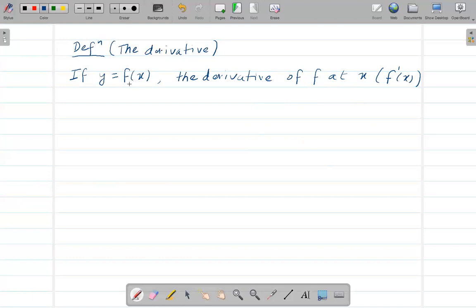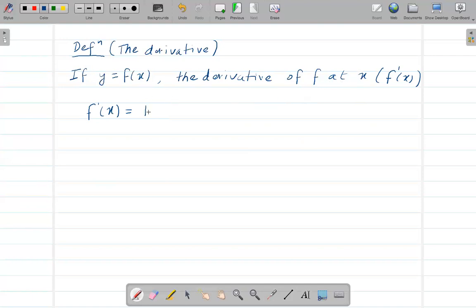So we can write the derivative notation like this, okay? The derivative is also similar to the slope of a tangent line at a certain point. So here we have x, so yeah, the slope of a tangent line at this point, okay?